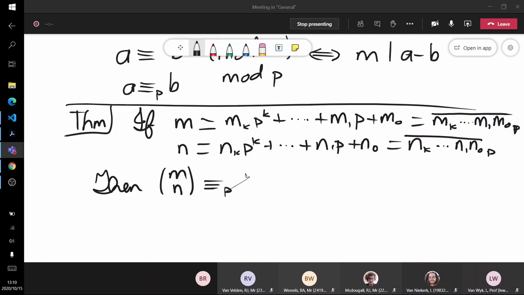It's simply the binomial coefficients formed by the kth digits, all multiplied together: m_k choose n_k times and so on up to m_1 choose n_1 times m_0 choose n_0.